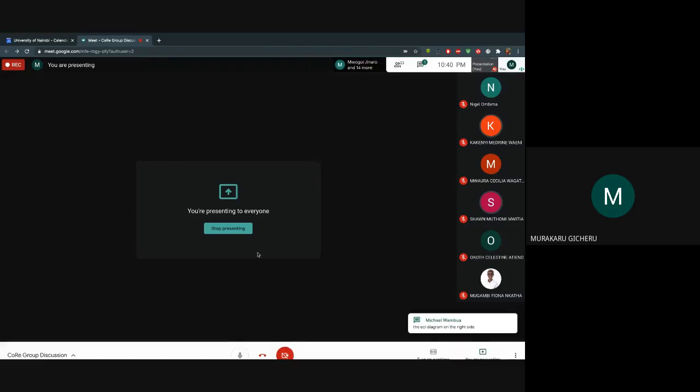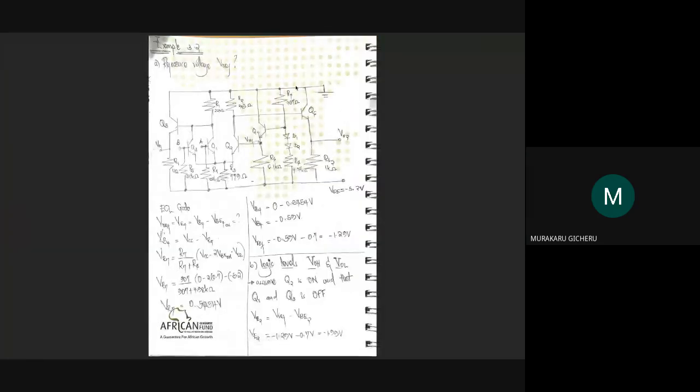The ECL diagram on the right side. What about it? What parts?